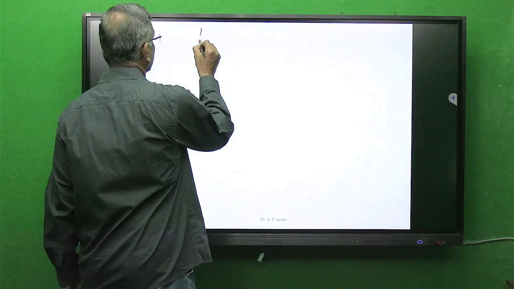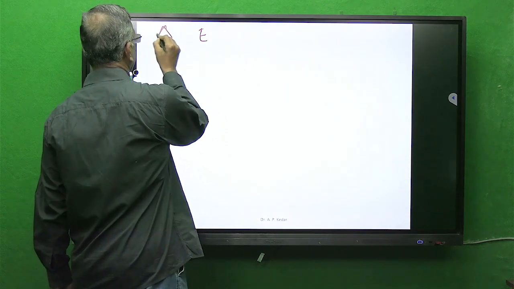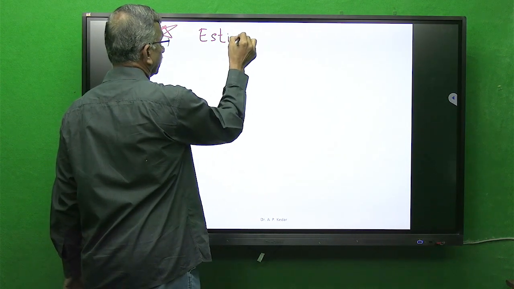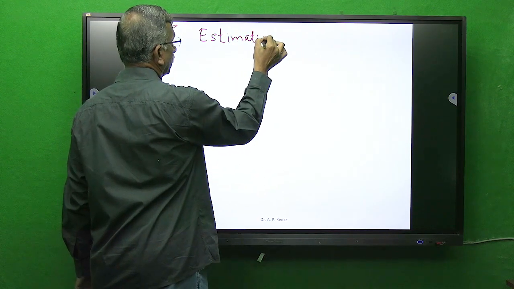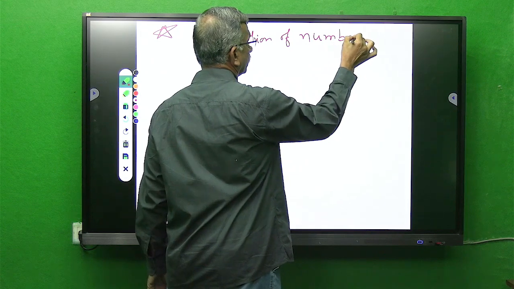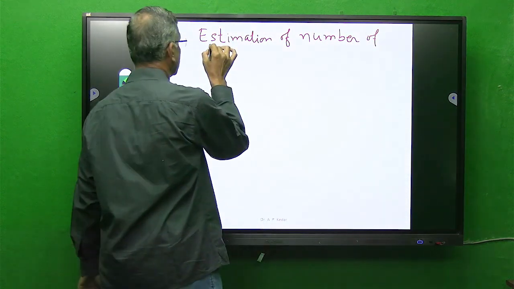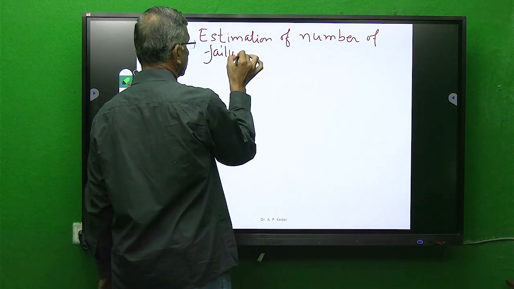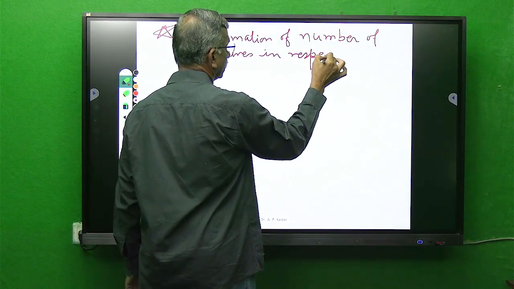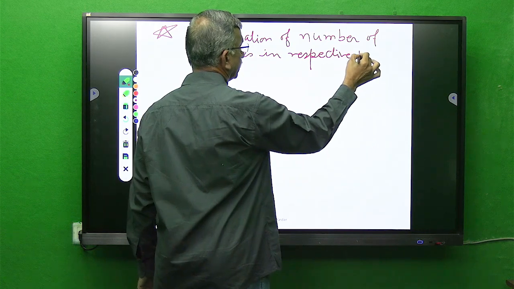Preferably 1000. And then, if this data is available to you, what we have studied is the very important estimation of the number of failures in the respective period.